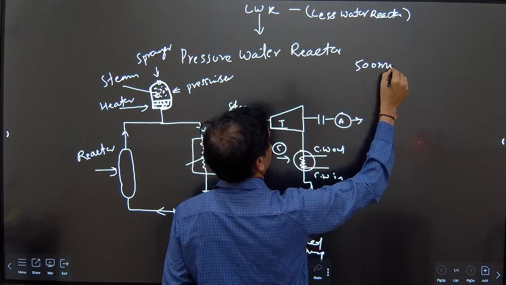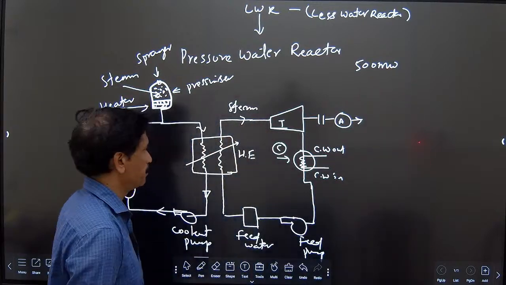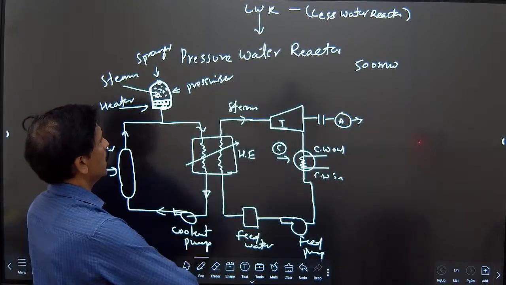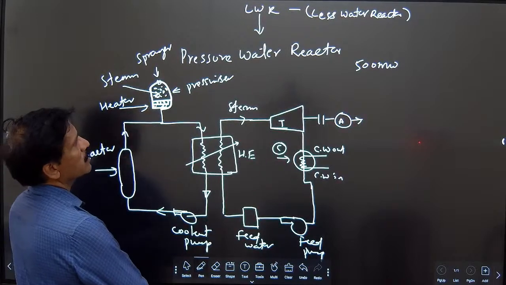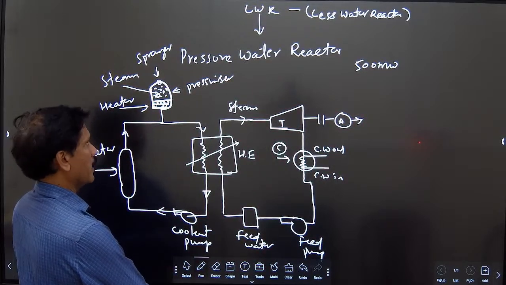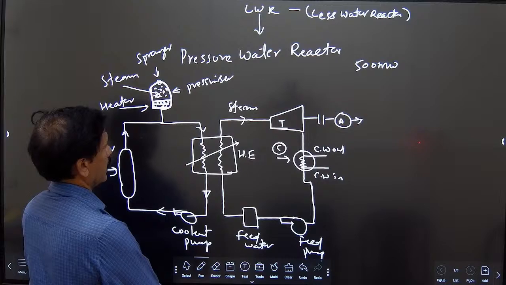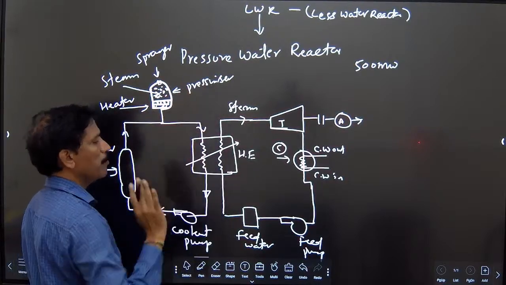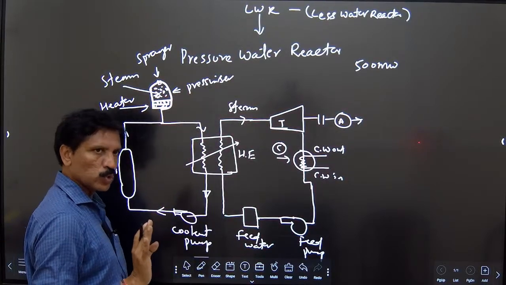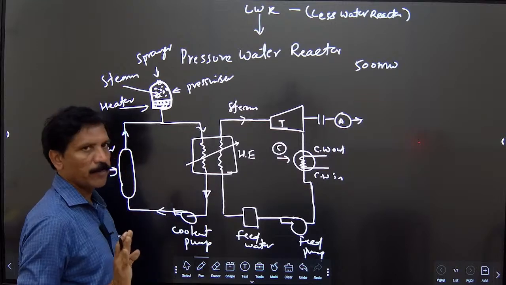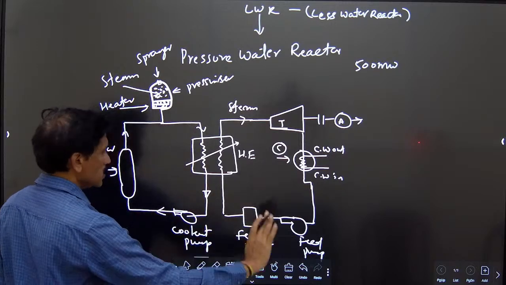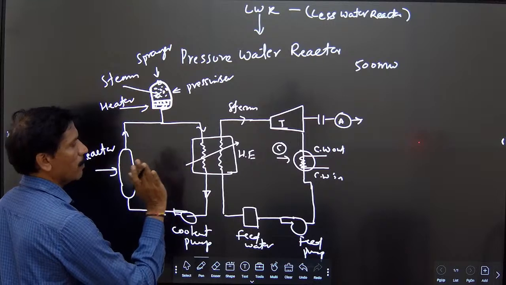Now observe here. Why is it called the low pressure water reactor? The quantity of water is very minimum and it is suitable for generating less power, 500 megawatts. Now see the working principle, how it starts.